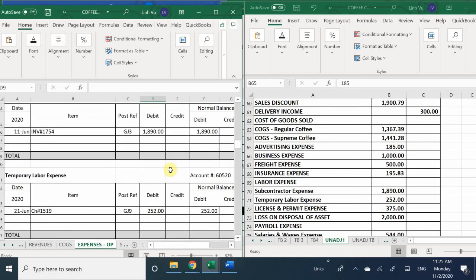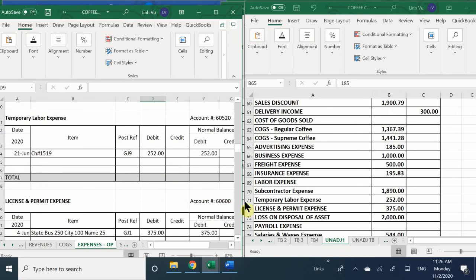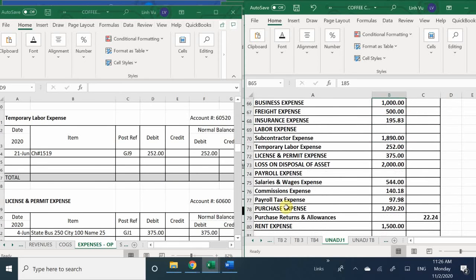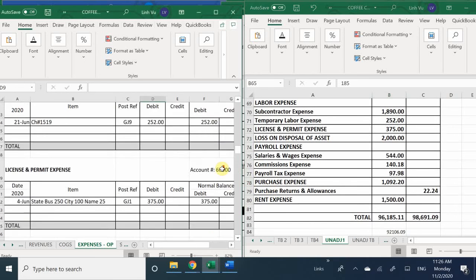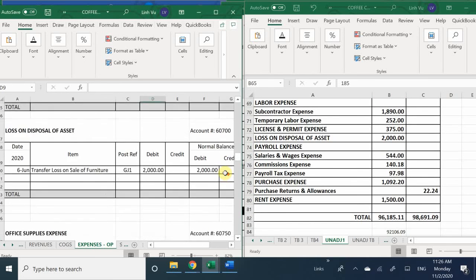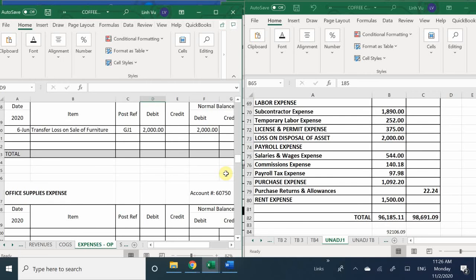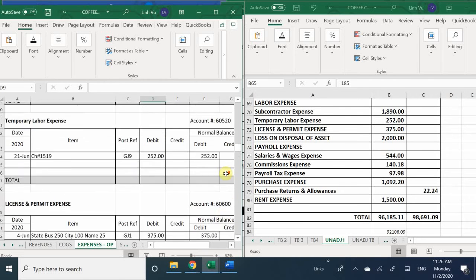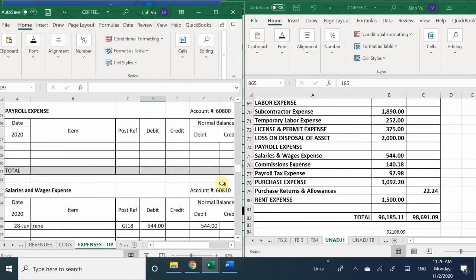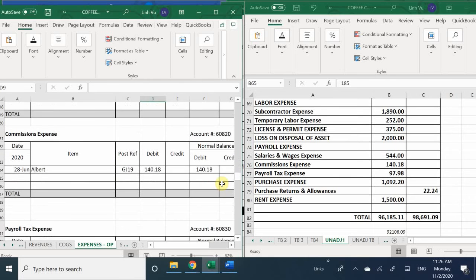Okay, so next is license and business permit, loss on disposal of asset, payroll expenses. Those should all stay the same, including your purchase expense. Let me find it.